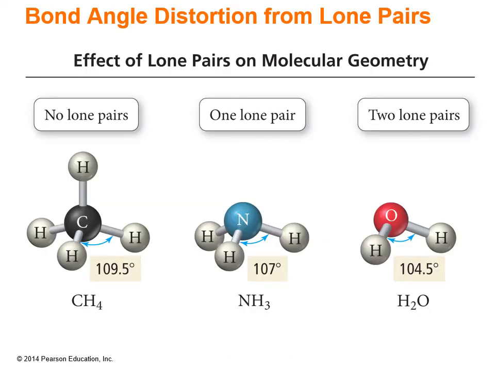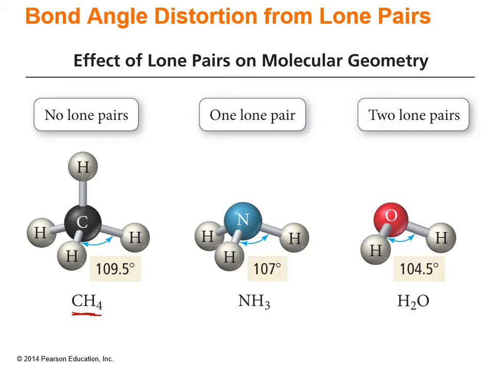When we look at the shape around our center atom, we will notice that there is a difference if all of the atoms are bonds or if we have lone pairs that are present. If we look at an example, which is methane, we have the same atoms all attached around a center carbon.